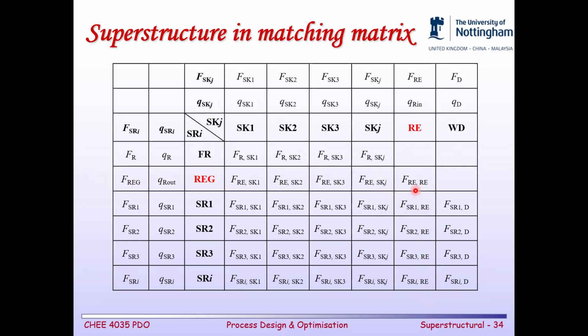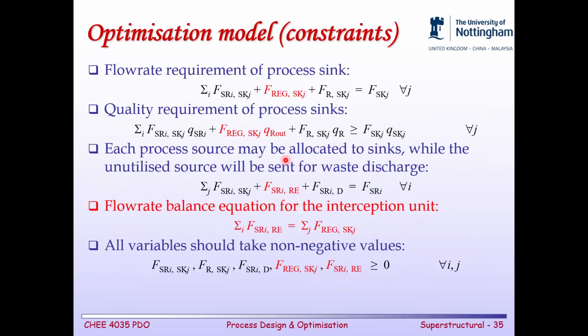Okay, there will be a slight change in our mathematical model. The addition of the regeneration term for each sink and of course the quality as well, and for each source.